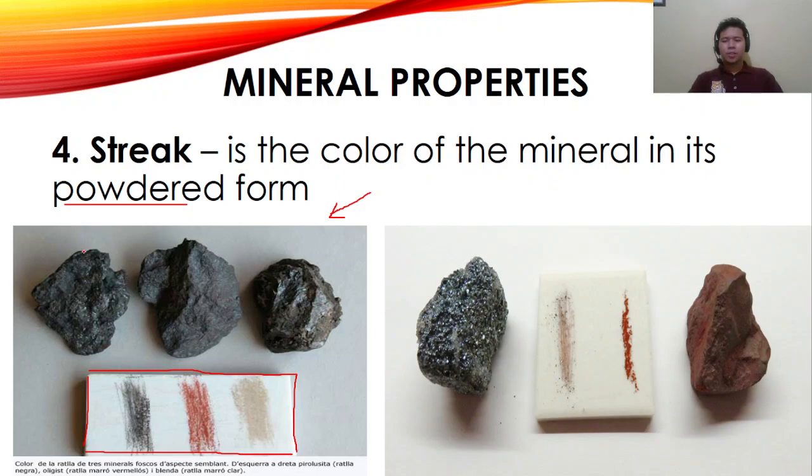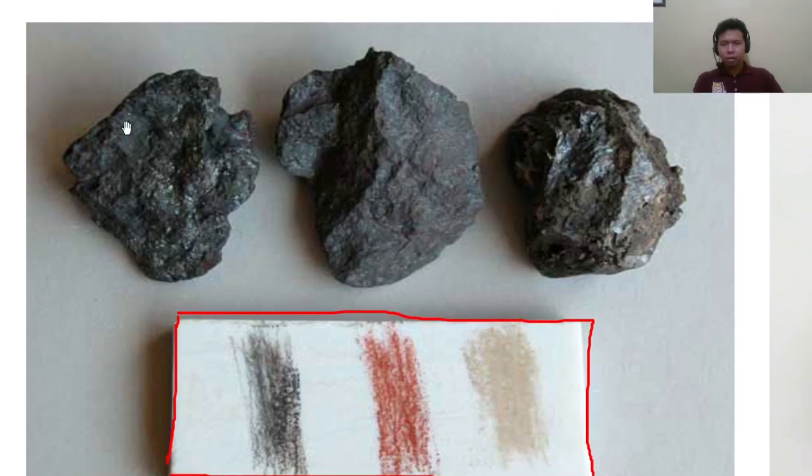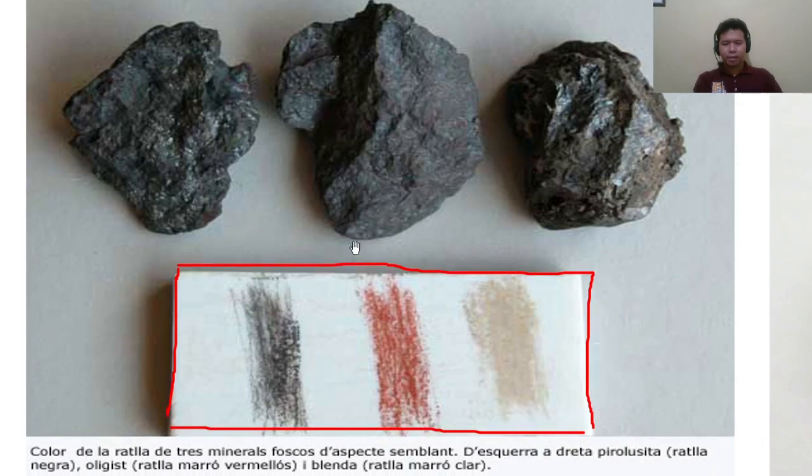Since this is black or darker in color, it needs to be scratched on a white plate to show the contrast, to show the actual color. If we scratch this mineral here, it appears black on the streak plate.